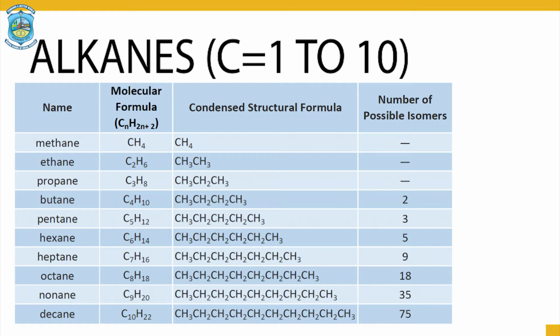Now all these alkanes are similar in their properties. Why? Because they all have sp3 hybridization and their bond angle is nearly the same, that is 109.5 degrees. So all the alkanes, from the lower ones to the higher ones, have similar properties and show similar chemical reactions.